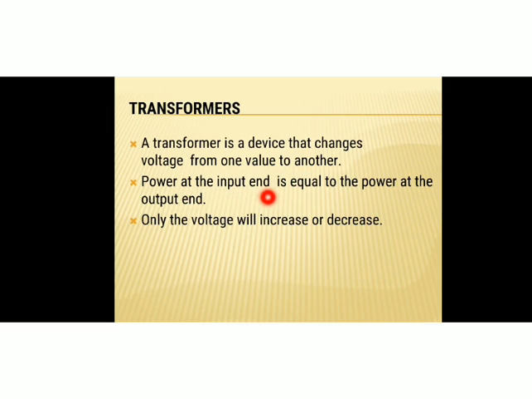Power at the input end is equal to power at the output end. Only the voltage will increase or decrease. So there won't be any change to the power at the input and the output end of a transformer. If the input power is 10 watt, then the output power also will be 10 watt. So keeping the power constant, only the voltage will increase or decrease. That is the peculiarity of a transformer.